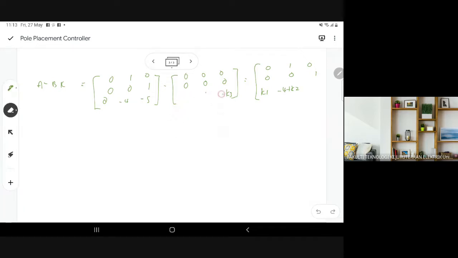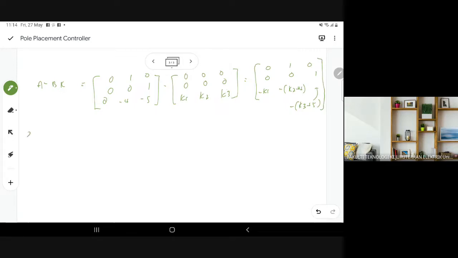When you multiply this one, you only get K1, K2, K3. Then for the A minus BK, this is negative K1, negative K2 plus 4, and here will be negative K3 plus 5. This is A minus BK.